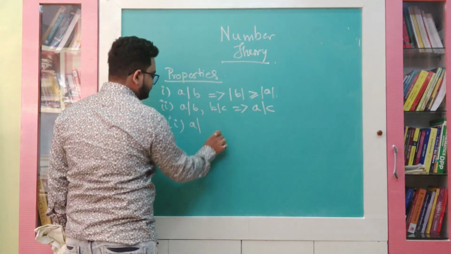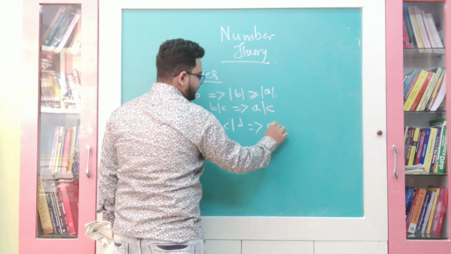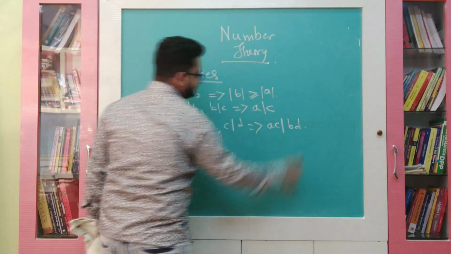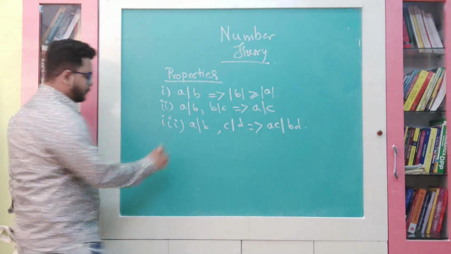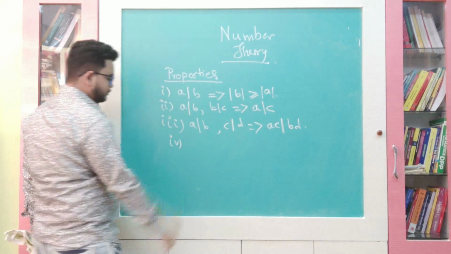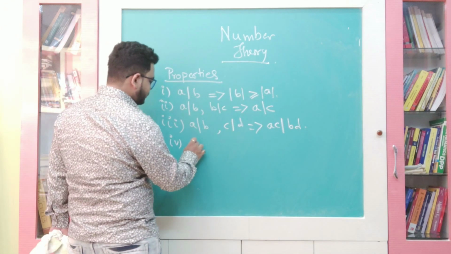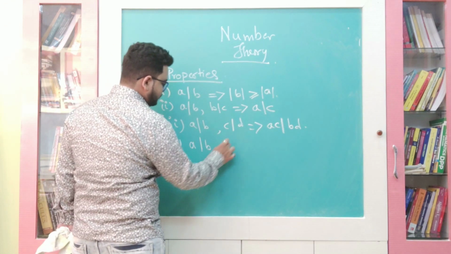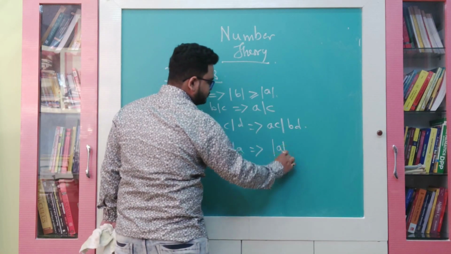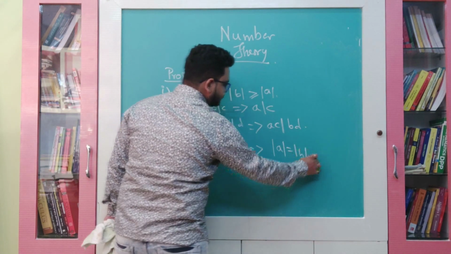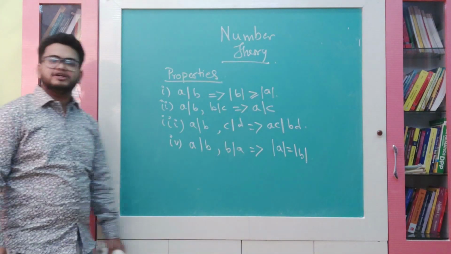If a divides b and c divides d, then ac divides bd. 4. If a divides b and b divides a, then modulus of a equals modulus of b. Modulus only takes positive values.